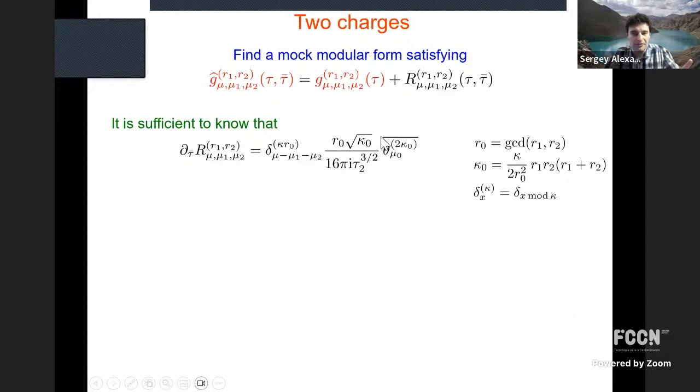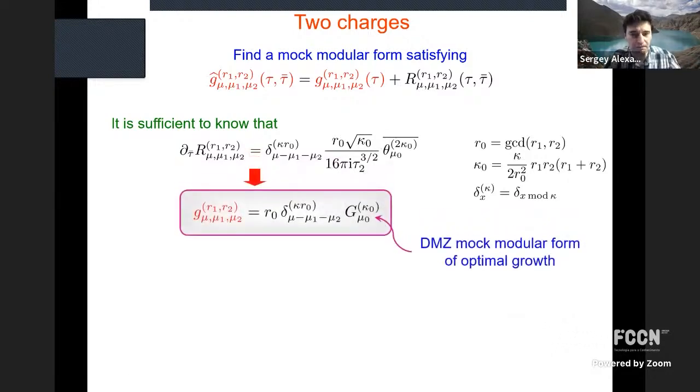But we already had precisely this problem before, and we know that its solution is produced by Dabholkar, Murthy, and Zagier: these mock modular forms of optimal growth. So we take the same solution as before, just with the effective parameter kappa 0 instead of kappa. And so immediately, in one minute, we get an infinite set of solutions. You see, it's very simple.